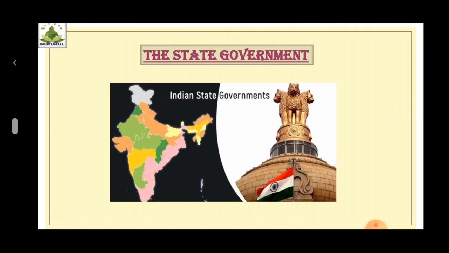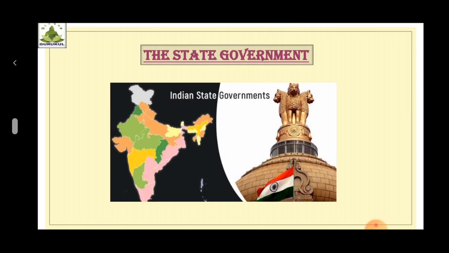India has a large geographic expanse with a multicultural population. There is diversity in languages, religion, ways of life, and regional characteristics. It would not have been possible to govern from a centralized place.